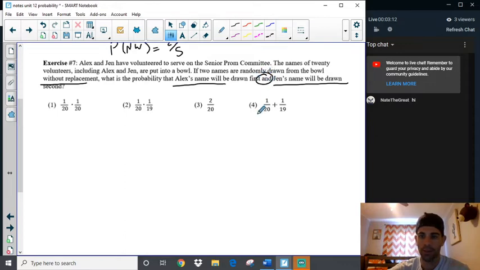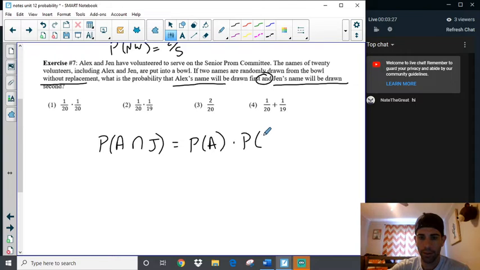Here's that AND again. The probability that first we're going to get Alex, and then after that we're going to get Jen. So I want to know the probability that I get Alex times the probability that I then get Jen. Alex, there's 1 of him, and there were 20 total volunteers, so it's 1 out of 20. Now, how many Jens are there?